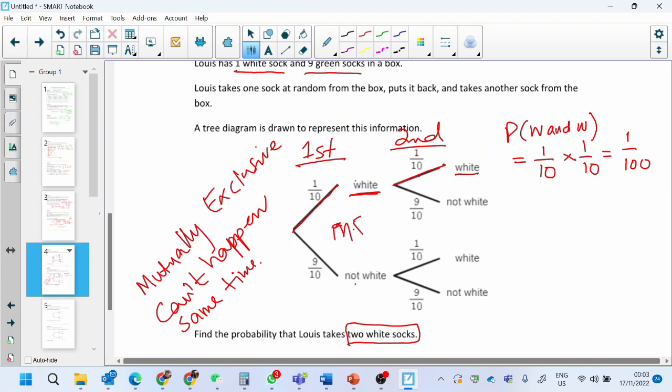If you pick a sock from the bag, either it can be white or it cannot be white. So both cannot happen at the same time.